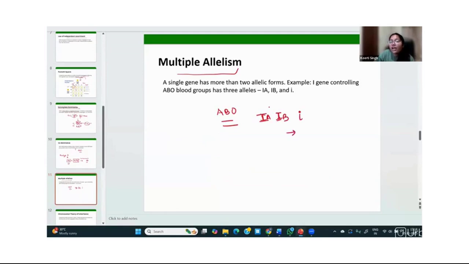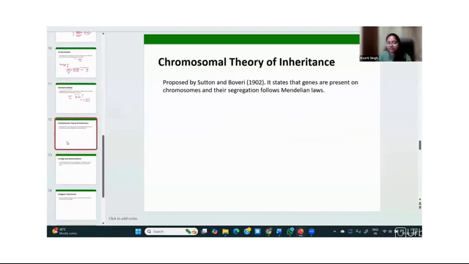When an individual has O blood group, actually this small i is present in those individuals. So here we can see not only two allelic forms are there, actually there are three allelic forms. And that is known as multiple allelism, right?